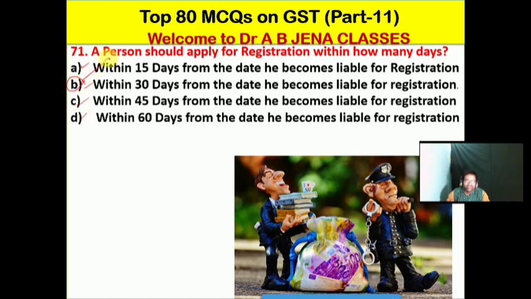So B is the right option for this MCQ. A person should apply for registration under the GST Act, as per the GST laws, within 30 days from the date he becomes liable for registration, friends. So B is the right option for this MCQ.